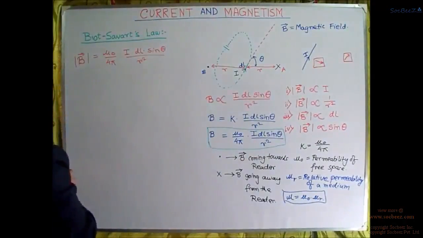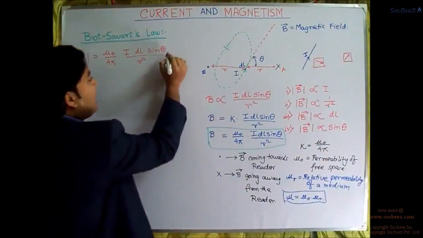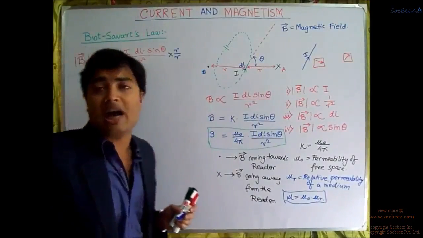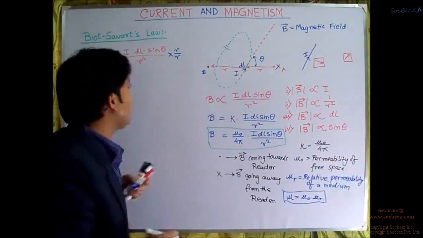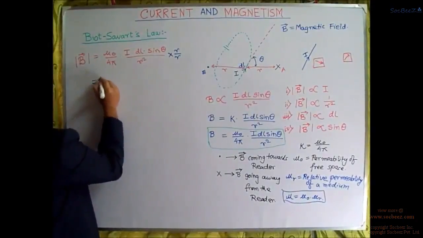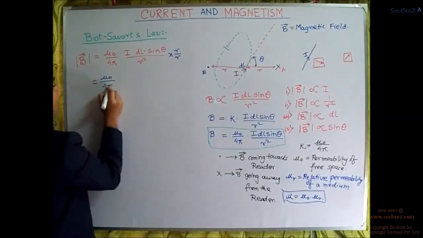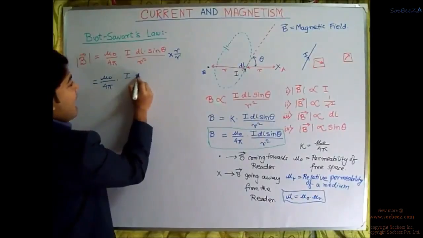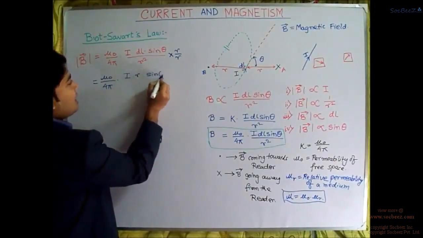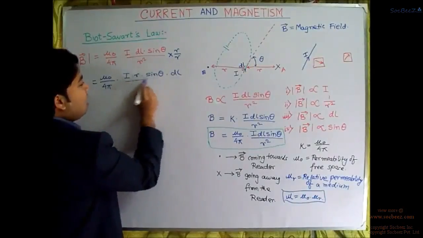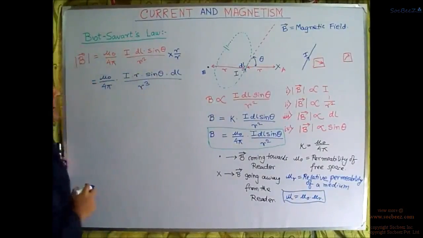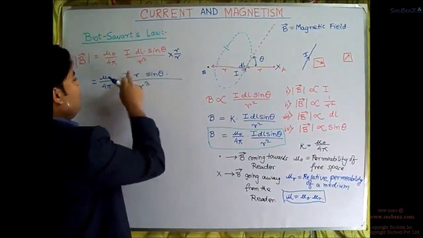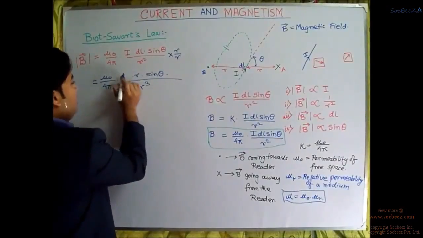Now what we can do is multiply and divide by r. We multiply the numerator and the denominator by r. So it comes out as mu naught divided by 4 pi multiplied by I multiplied by r multiplied by sine theta multiplied by dl divided by r cube. Now let us say this is dl and I is in this direction.